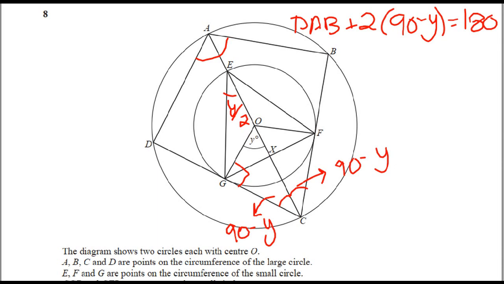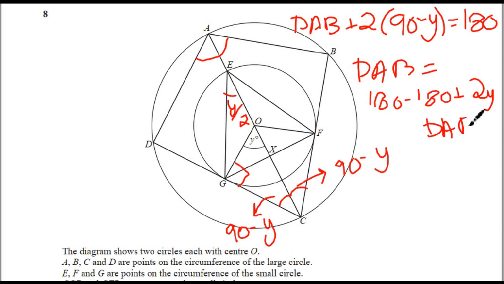Now rearrange this, and DAB will be equal to 180 minus 180 plus 2y. So DAB is simply equal to 2y.